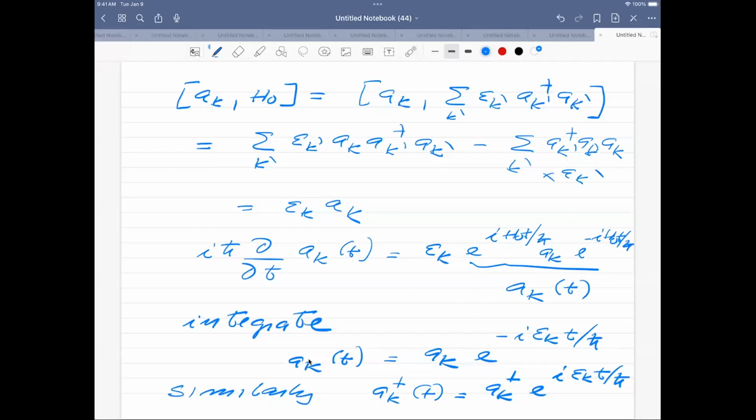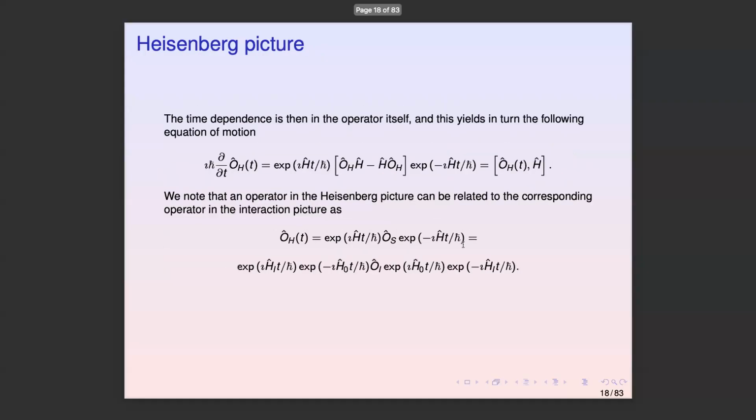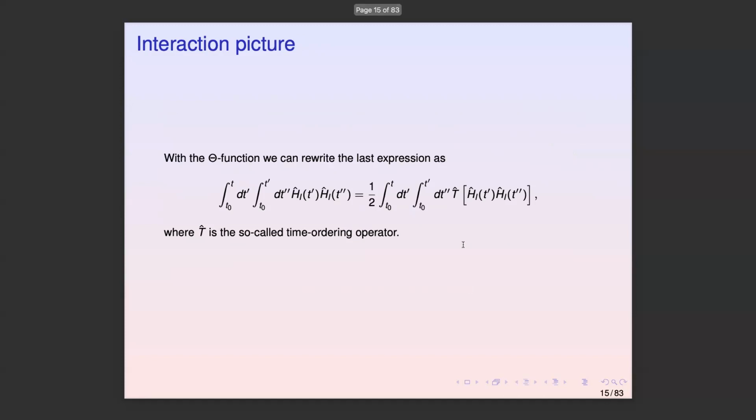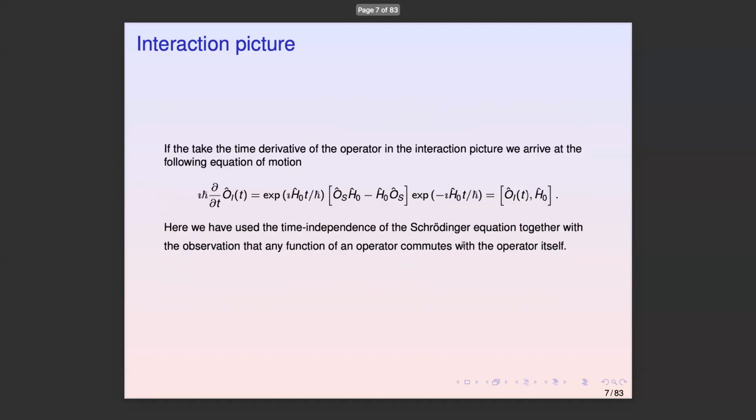Let me bring back the slides, and perhaps that may help a little bit. If we go back to the operators in the Schrödinger picture and the Heisenberg picture, we have an equation of motion where everything is given by this commutator with the time-dependent piece.